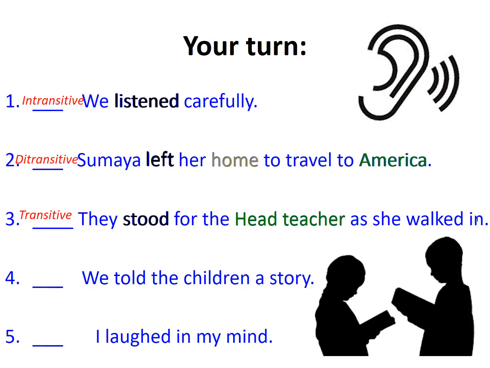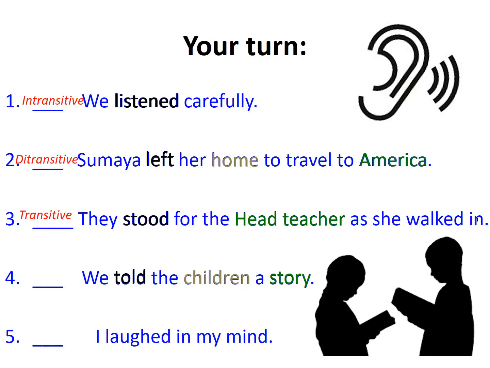We told the children a story. The verb is clearly told. But that action links to the story. They told a story. The direct object is the story. But the natural question for us is, who did they tell the story to? Well, we are told it is the children.